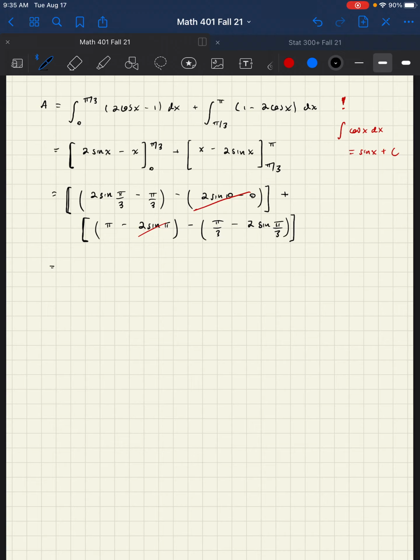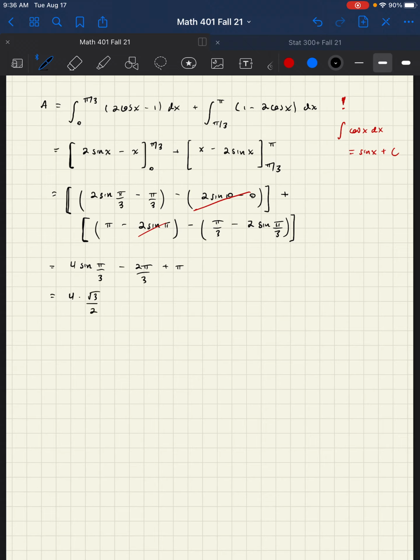So 2 sine of pi over 3, and then notice that there's a double negative sign here, so that we're actually going to add. It's going to be 4 sine of pi over 3, and then minus pi over 3, and then another minus pi over 3. That's going to mean minus 2 pi over 3, and then lastly plus pi. Okay? So important things here are sine of pi over 3 is actually root 3 over 2.